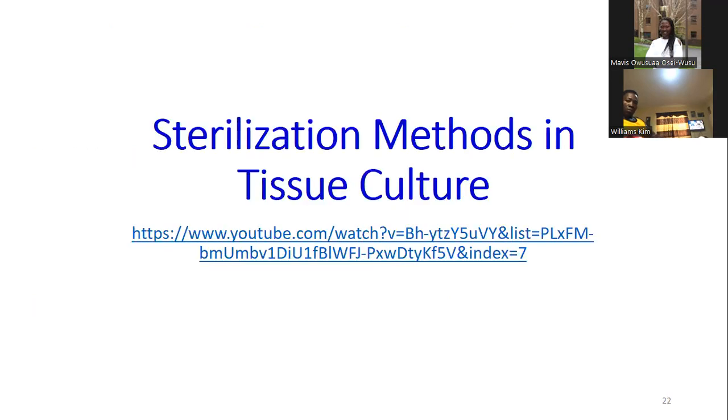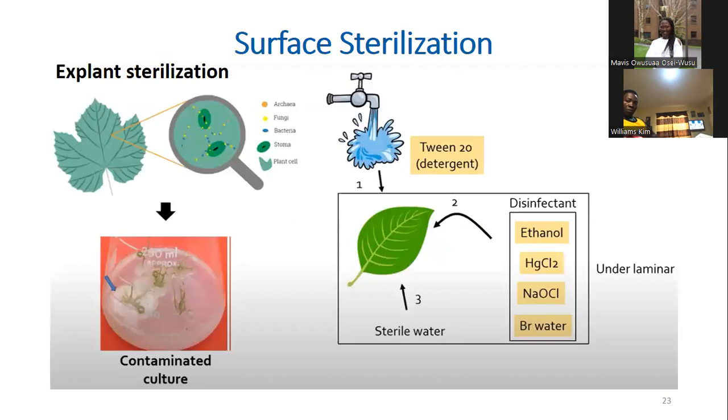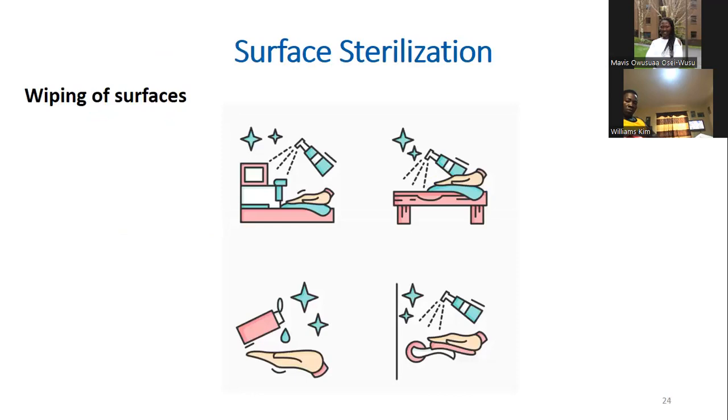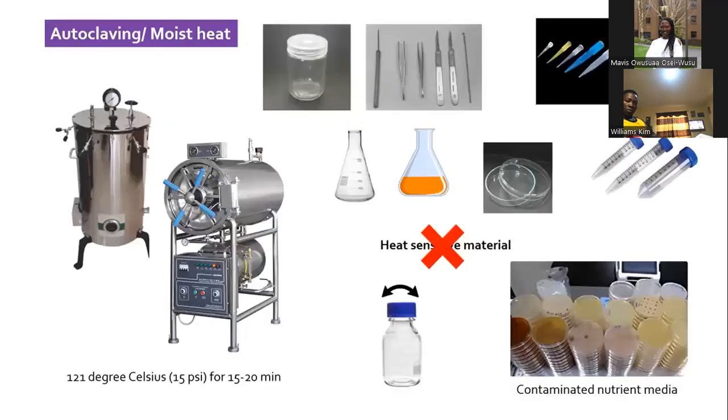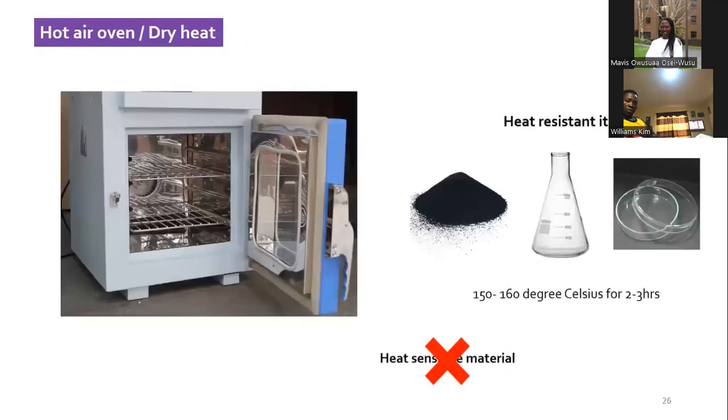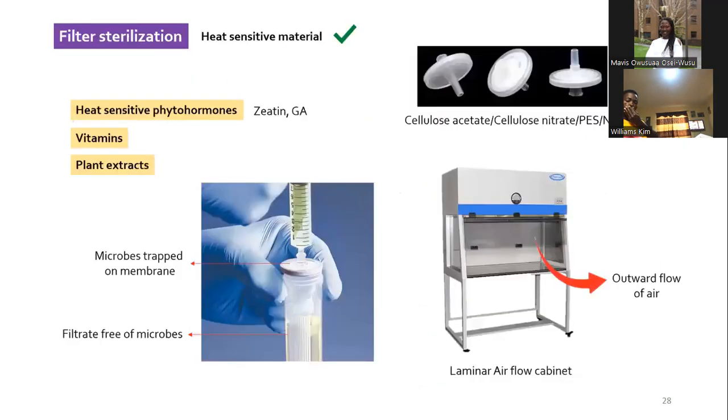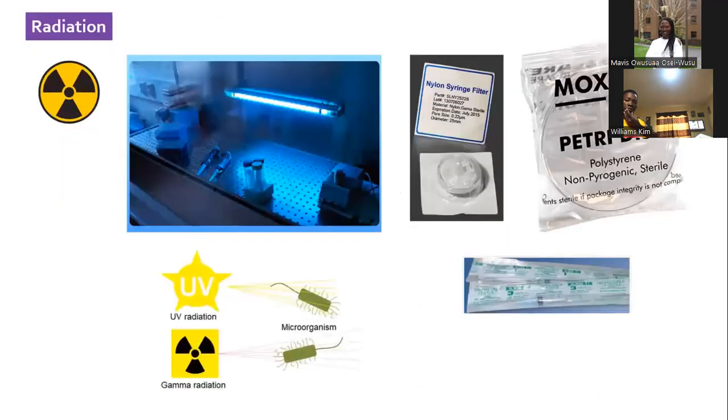I also provided some links that you can follow to better understand some of the topics that we have treated so far. We mentioned surface sterilization. We also mentioned moist heat and dry heat as part of the sterilization processes. We mentioned flame heat sterilization, filter sterilization, and then radiations.